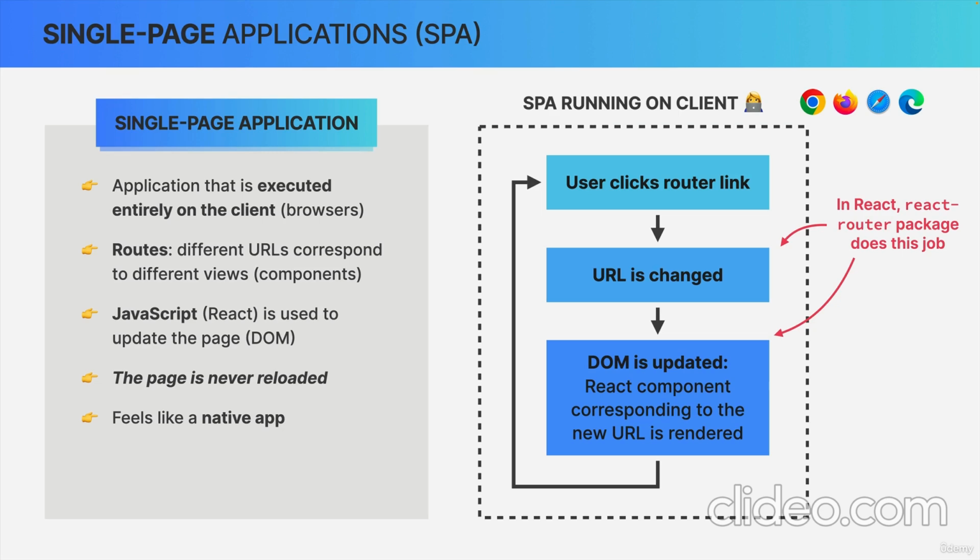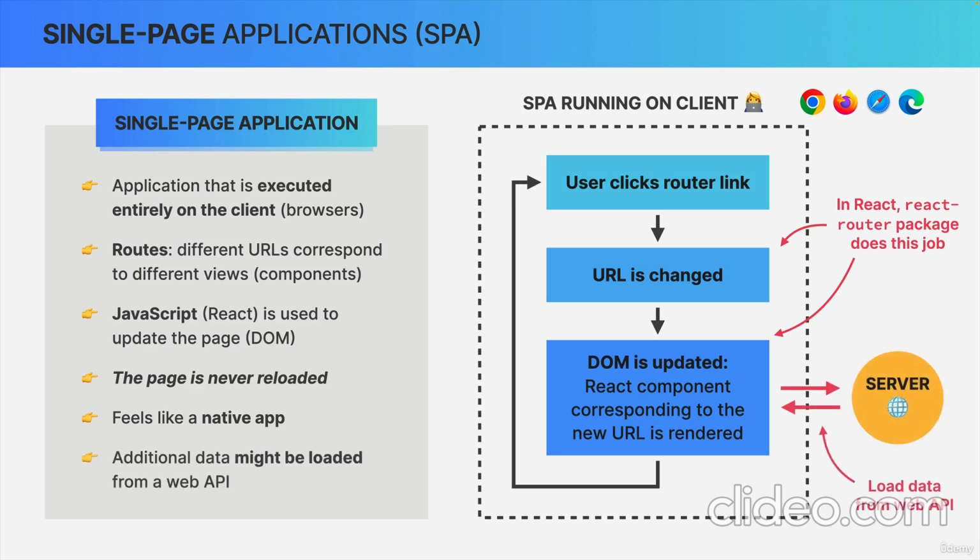Now, it's quite common that some pages need to display some external data, but that's not a problem at all. Whenever that happens, a component can just load some additional data from a server, usually from some kind of web API. So, while the single-page app itself runs entirely on the client, it can always communicate with a server in order to fetch some data that it needs, just like we have been doing before in other applications.